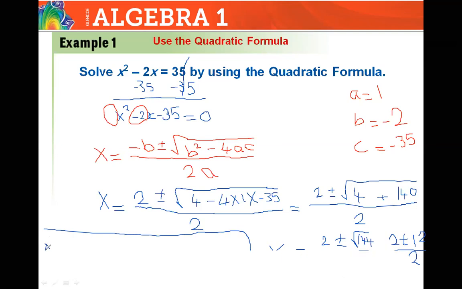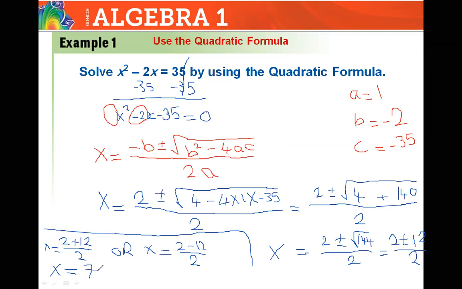So x equals 2 plus 12 over 2, and the minus value, x equals 2 minus 12 over 2. 2 plus 12 equals 14. 14 divided by 2 equals 7.